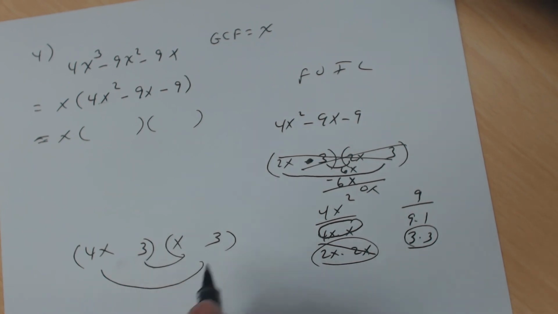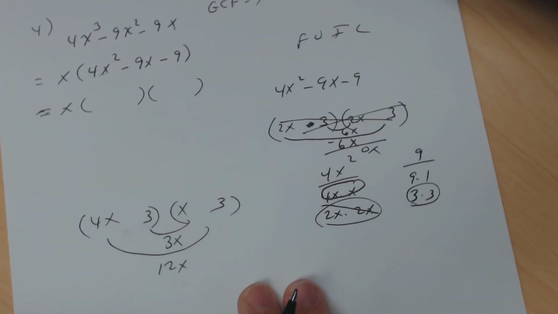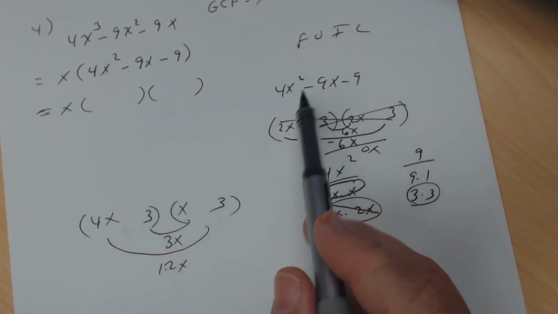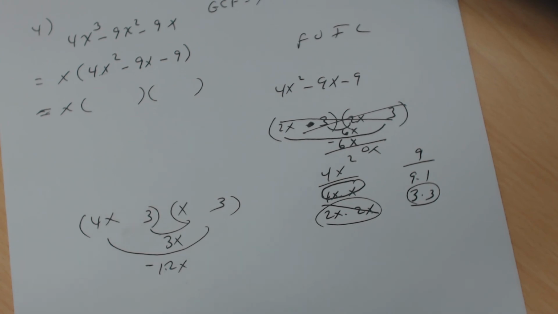So let's check the outer first. The outer is 12x, the inner is 3x, and the larger of these coefficients will take the middle sign. So that means that 12x is negative. Before I fill in these signs, let's check. A positive 3 and a negative 12 is a negative 9. So a positive 3x and a negative 12x is a negative 9x, and that is what you wanted.